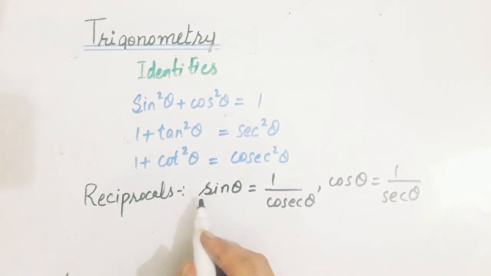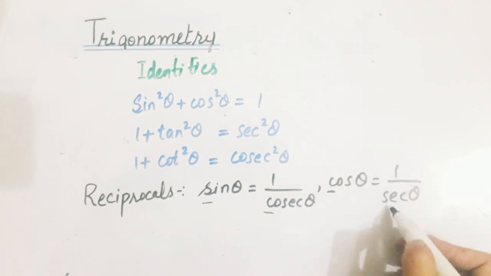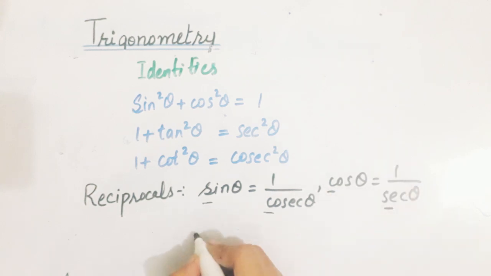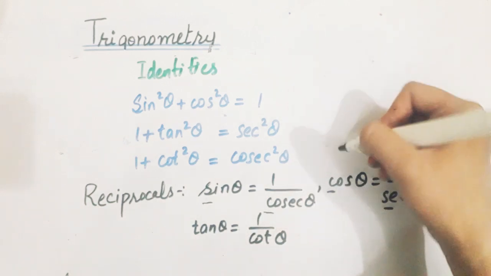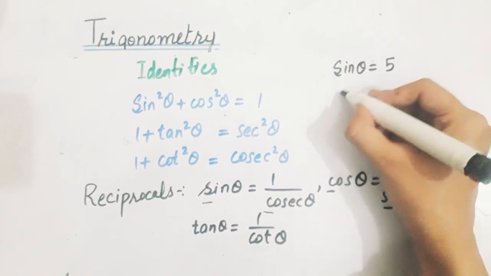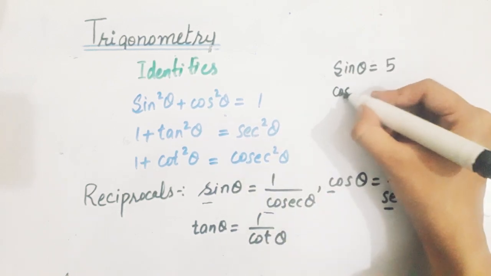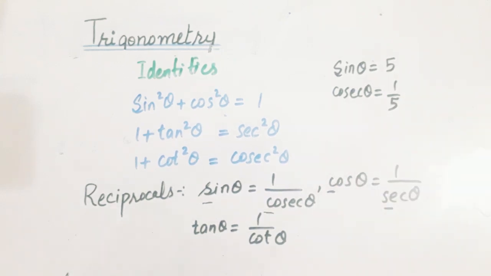You have to remember that sine starts from S, so the reciprocal of sine starts from C. And cos starts from C, so the reciprocal of cos will start from S. And tan theta equals 1 over cot theta. So these are the reciprocals. For this, consider an example. If sin theta equals 5, so the opposite of this, that is cosecant, equals 1 over 5. So these are the reciprocals.